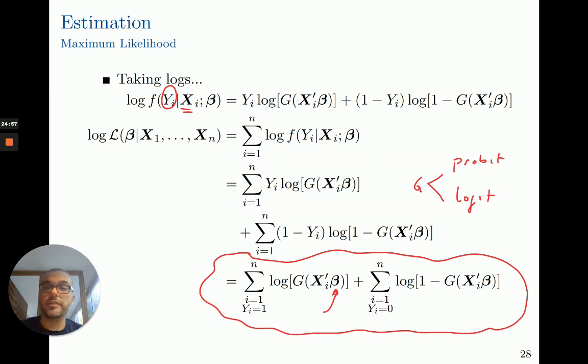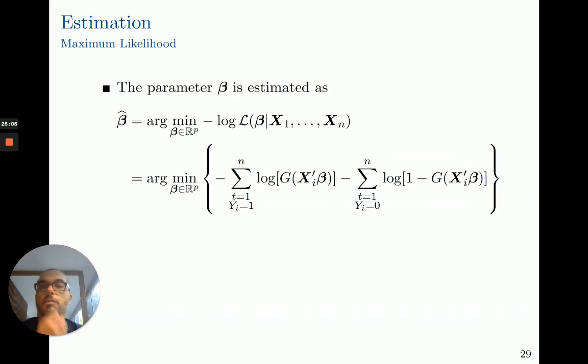Of course, as we are going to see, this can be much more complicated, but so far that's what we have. So the estimate beta hat will be the argument that minimizes the negative of the log likelihood, because this is exactly the same as maximizing the log likelihood.